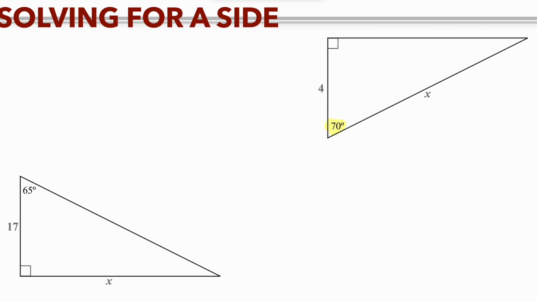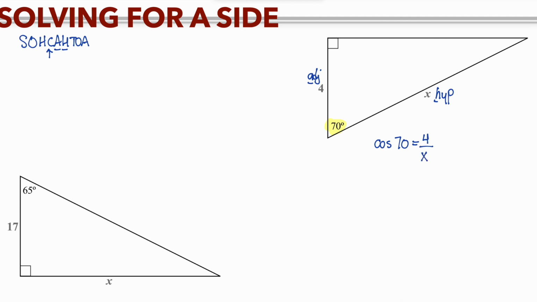Okay, according to my angle, this is my adjacent, and this is my hypotenuse. So A and H, again, if I write Sohcahtoa, A and H deal with cosine. So cosine of my angle equals my adjacent over my hypotenuse.